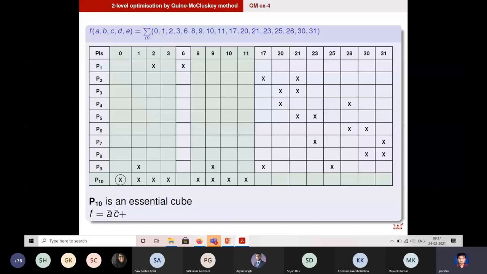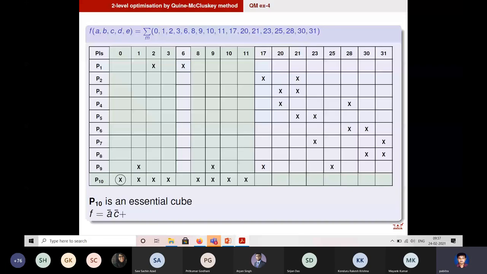So let's see what happens here. First, let me identify the essential columns. Column with only 1 x. So 0 is a column with only 1 x, and 25 is a column with only 1 x. So I have to cover 0. Only P10 covers 0.